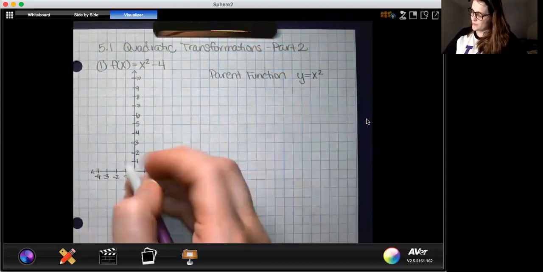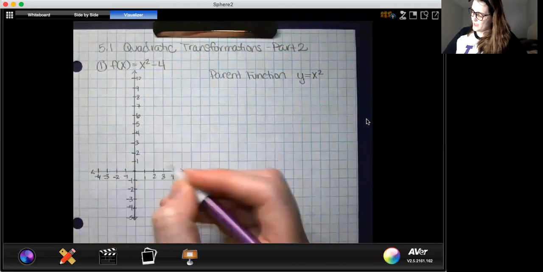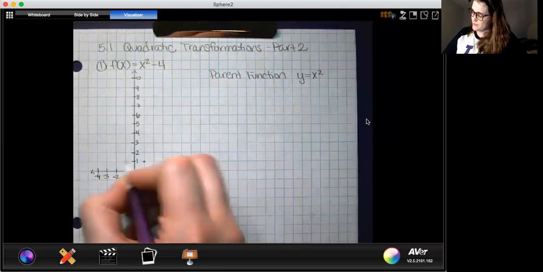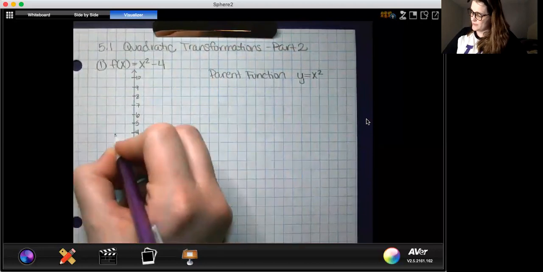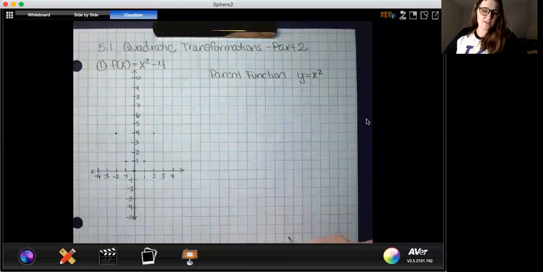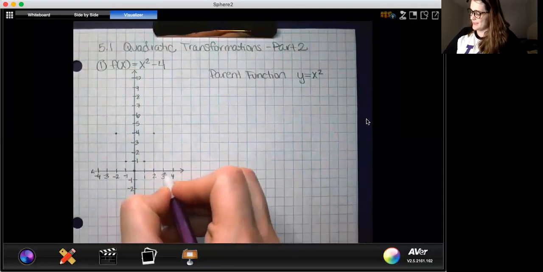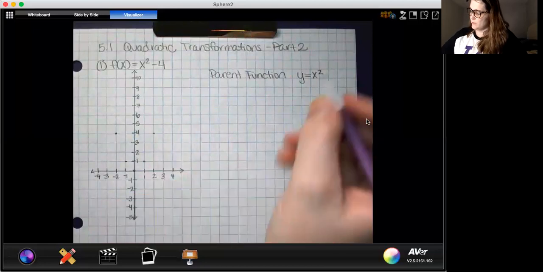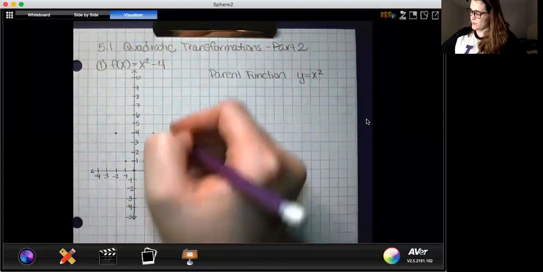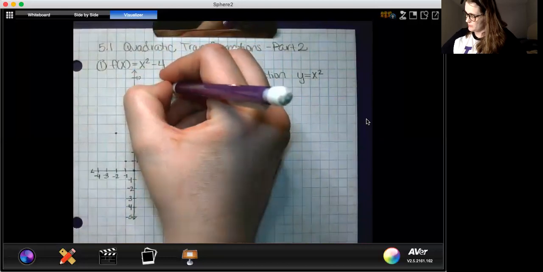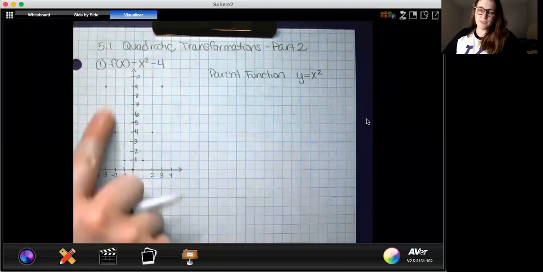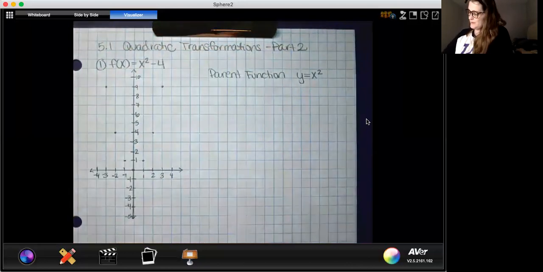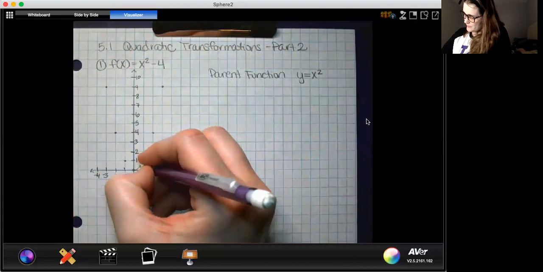So we started with a vertex of 0, 0, and then we found points 1, 1, negative 1, 1, 2, 4, negative 2, 4, and then let's go one more for today's purposes. If I were to go out to x equals 3, well, 3 squared is 9. So 3 go up to here. And therefore, my reflective or symmetric point would be negative 3, 9. And so this is my parent function.